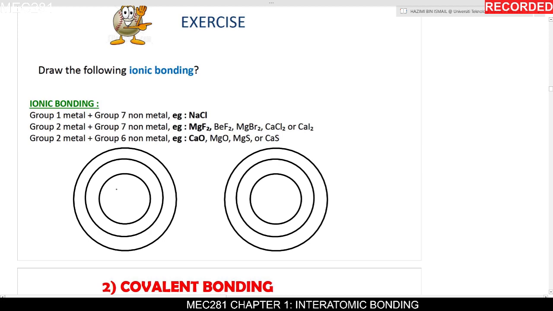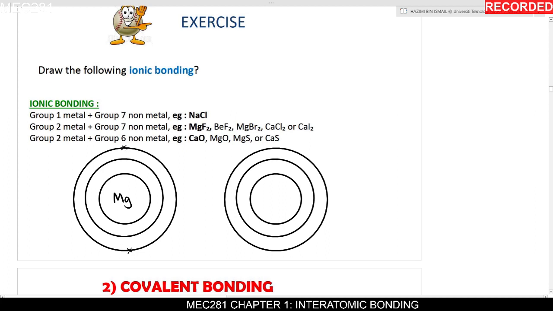Okay, so magnesium, how many electrons? If you just want to do it quick, just know the group of magnesium. It is group 2, so it has 2 electrons in the valence shell, the most outer shell.